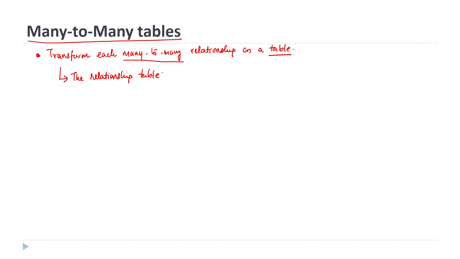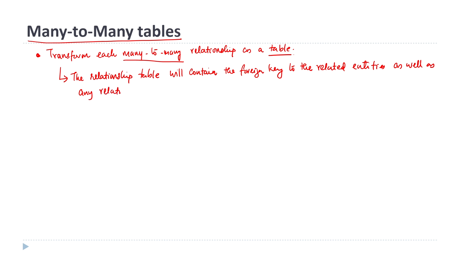you are creating a new table to capture the relationship. The relationship table will contain, the guideline will contain the foreign key to the related entities, okay, as well as any relationship attributes.